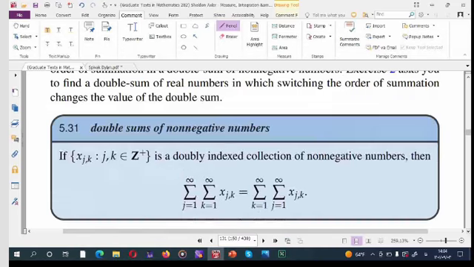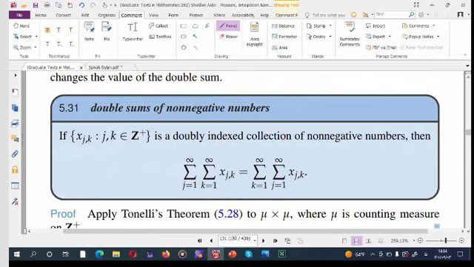And also, as another example, sigma j sigma k equals sigma k sigma j, because this is one integral in counting measure and this is another integral in counting measure.